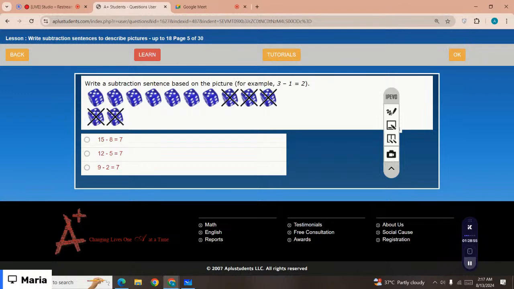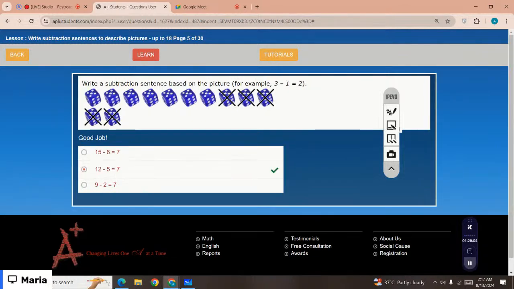The correct option is that is 12 take away 5 is 7. Option number 2 is the correct option. Very good.